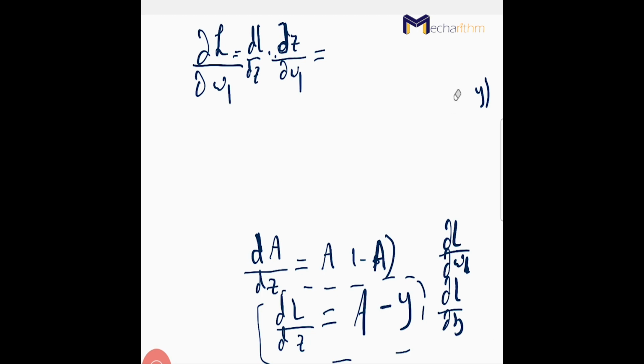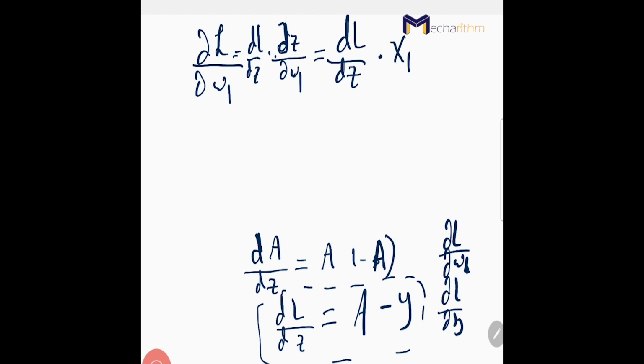The derivative of a linear function is just the coefficient of that particular variable we're taking the derivative with respect to. The coefficient of w1 is x1, so we get dL over dz multiplied by x1.